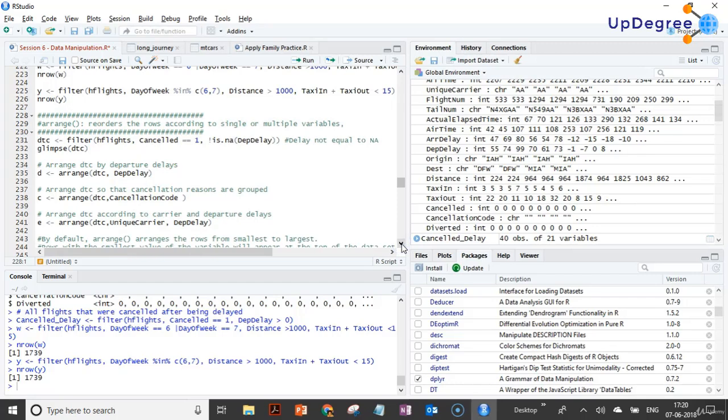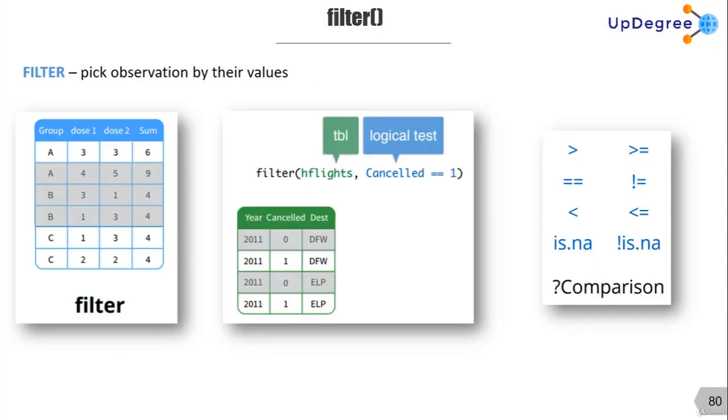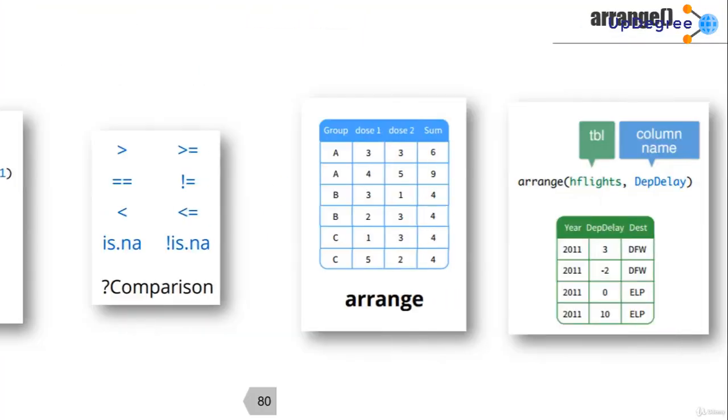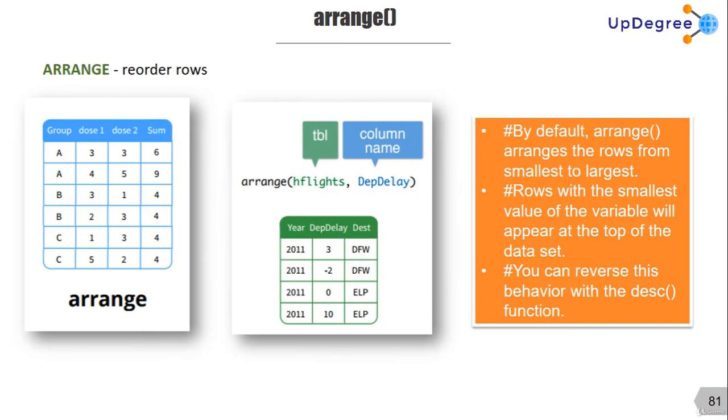Let me first go through the slides. Filter is done. Now arrange. What it does is arrange your rows based on some condition you pass. So suppose you say arrange all the flights based on the delay. You had a column called departure delay. Those can be negative, those can be positive, and a few of them are 0.